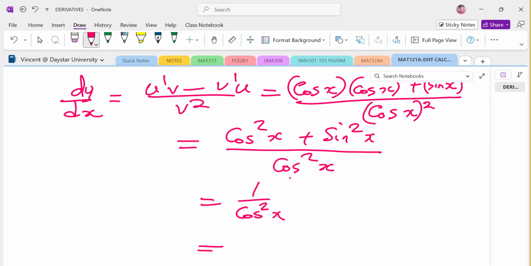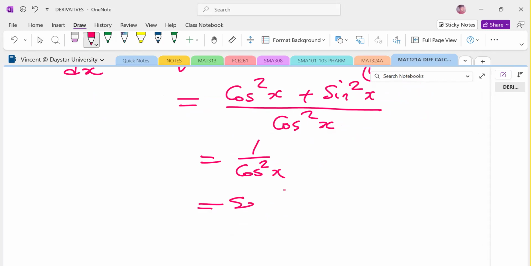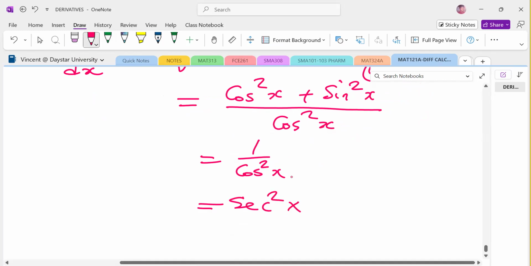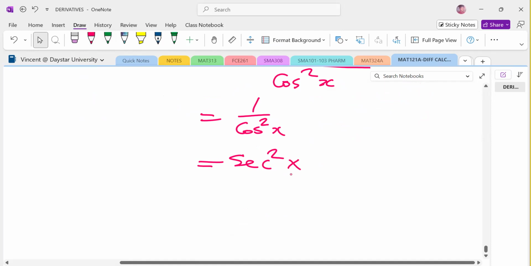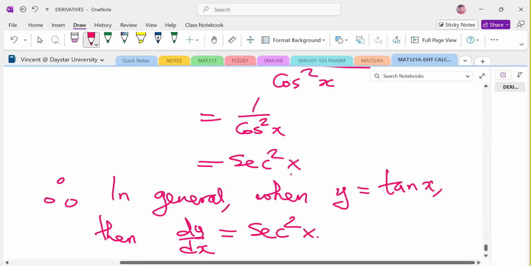So therefore, this is the same as sec squared x. So in general, when y equals tan x, then dy dx is given by sec squared x.